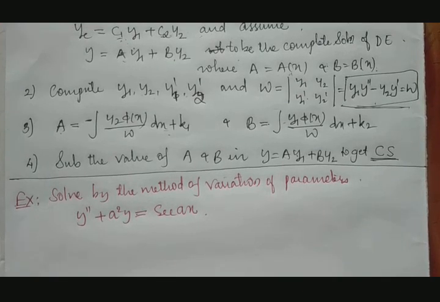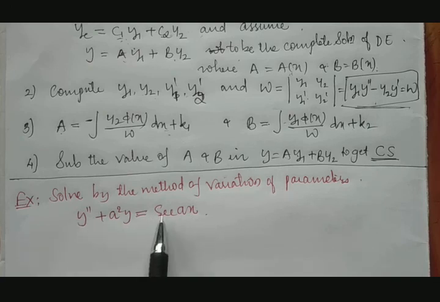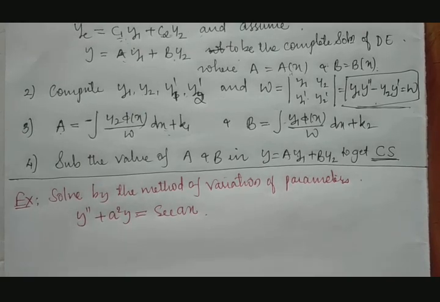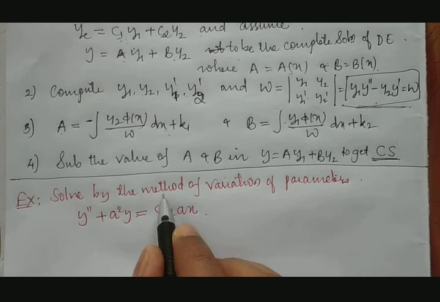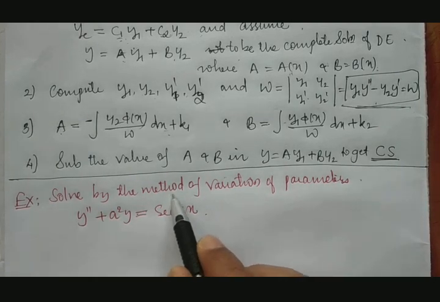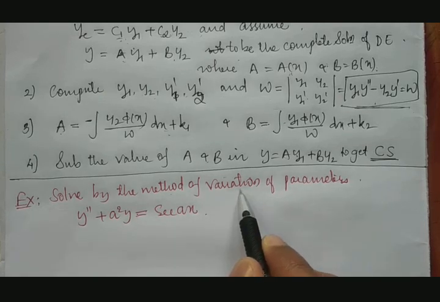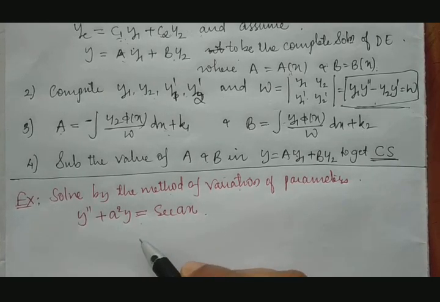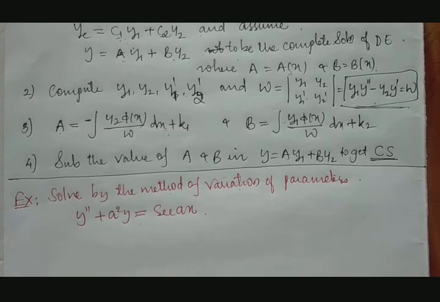So let us take one example. The example says: solve by the method of variation of parameters y double dash plus a square y is equal to sec ax. Now the question says solve, and the method is also mentioned. For the time being, if you forget that the method is mentioned and they only say solve, is it possible to solve by using previous concepts which we have studied?